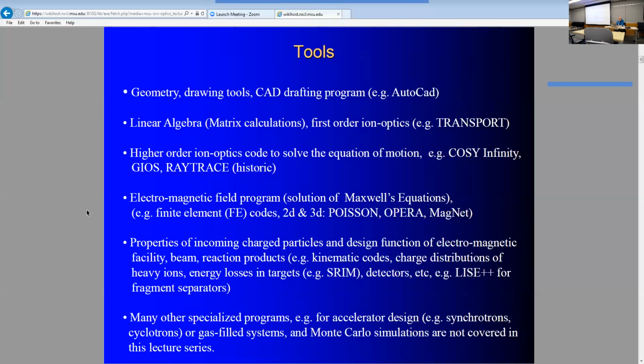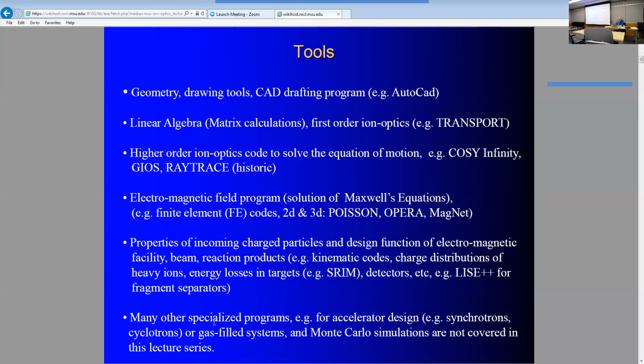So you need the properties of the incoming particles, or if you have a target, there's some kinematics involved, so you need a kinematics code. You will learn about charge distributions, which are important in recoil separators, and energy loss in targets. There are other programs like SRIM or LISE++, which you may need to supplement or provide information about the system if it's not yet already built.